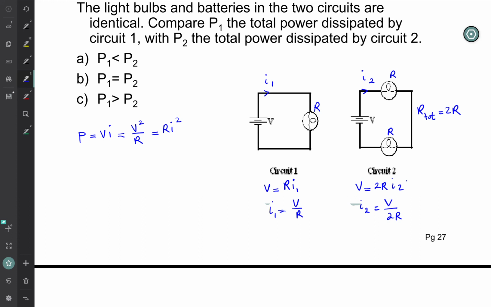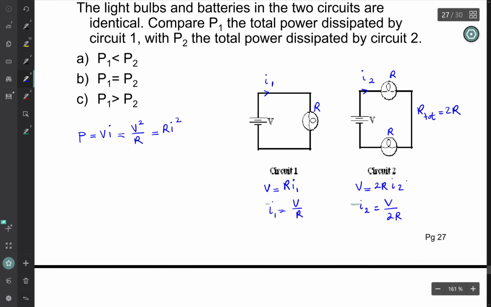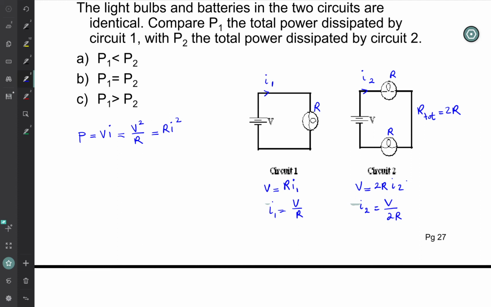Therefore, it's quite difficult to use P equals R I squared in order to compare the dissipated power. As I mentioned in the exam prep session, it is best to use V squared over R to calculate the power dissipated in the circuit.